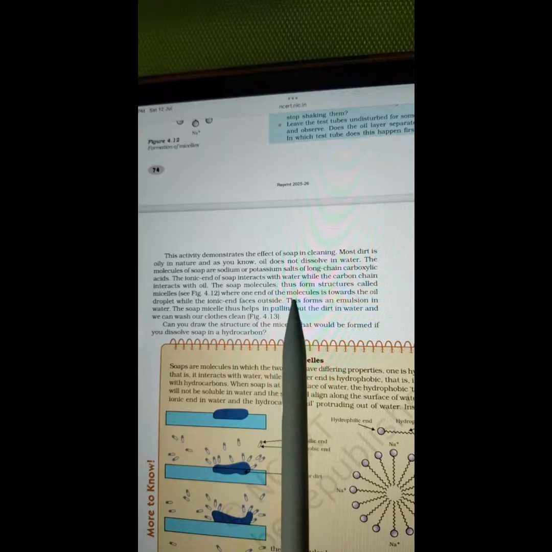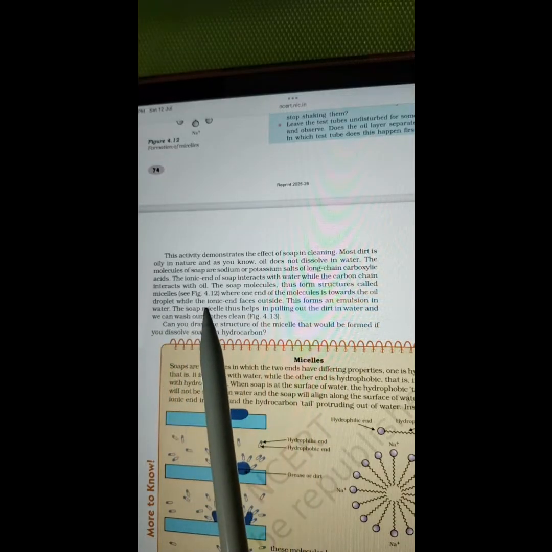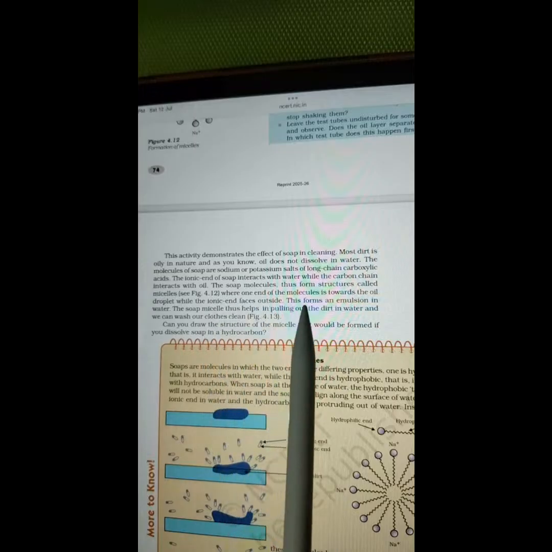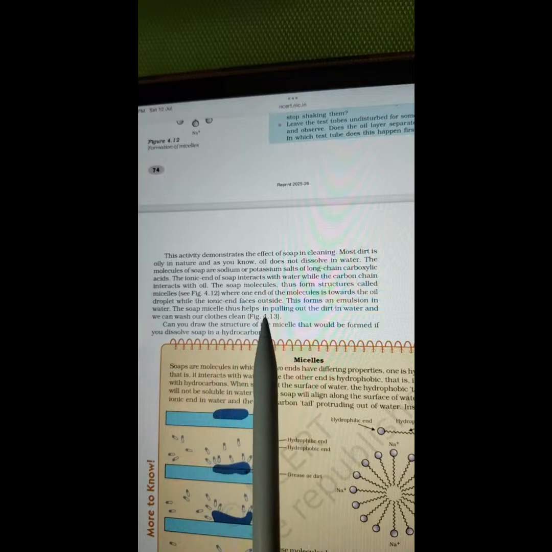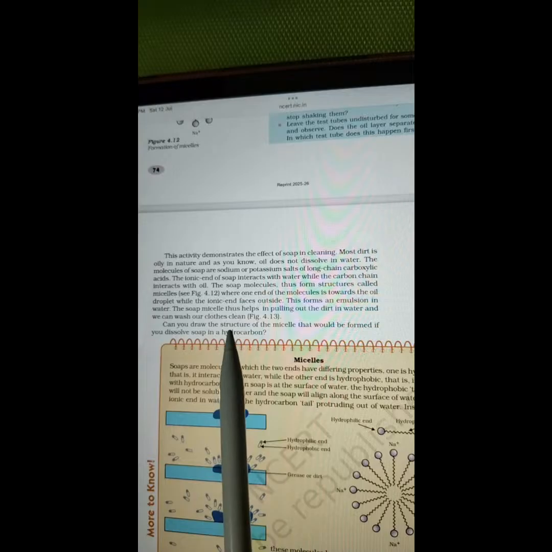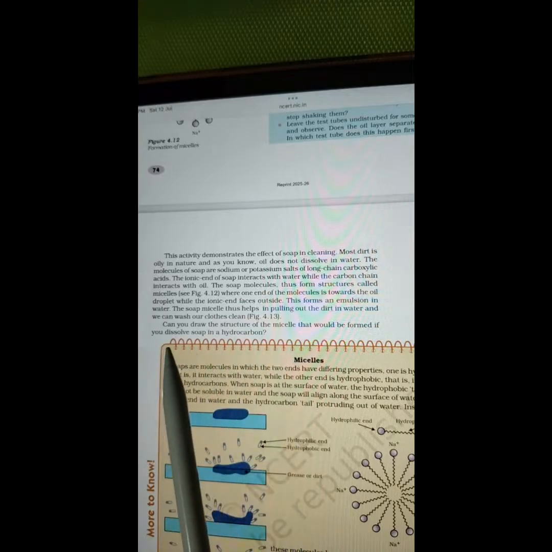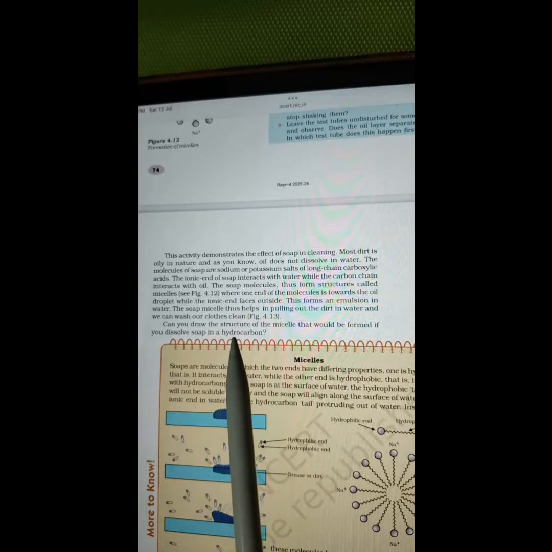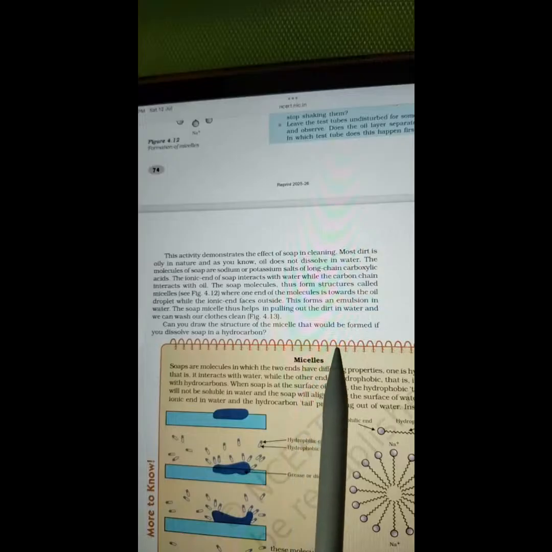The soap molecules thus form structures called micelles, as shown in Figure 4.12, where one end of the molecule is towards the oil droplet while the ionic end faces outside. This forms an emulsion in water. The soap micelle thus helps in pulling out the dirt in water, and we can wash our clothes clean. Figure 4.13: can you draw the structure of a micelle that would be formed if you dissolve soap in a hydrocarbon?